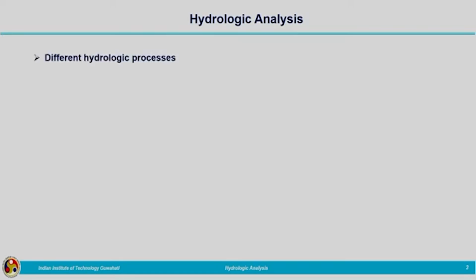So different hydrologic processes we have seen related to atmosphere, subsurface and surface. That is, in a detailed way, atmospheric water, subsurface water and surface water we have covered. Now we need to make use of these processes for understanding their impact on the catchment or watershed or any hydrologic system.